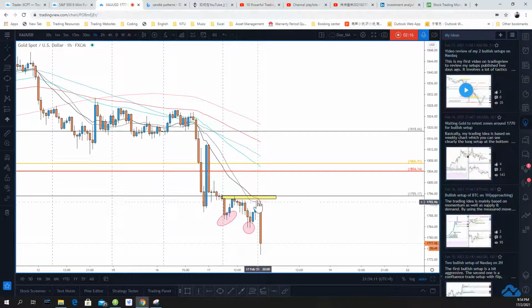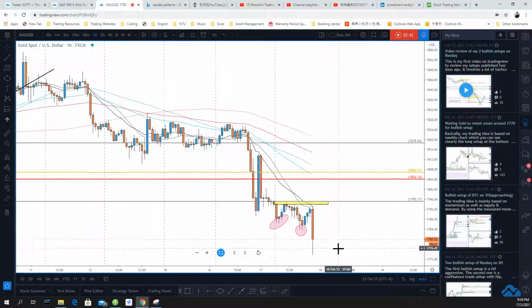Price tried twice but couldn't break the zone, because you see it created a lower low. When price creates a lower low, it indicates that the downside momentum is pretty strong. When it retested the upper zone, most likely it can't pass the zone. So the pullback directly hit an area around my zone.